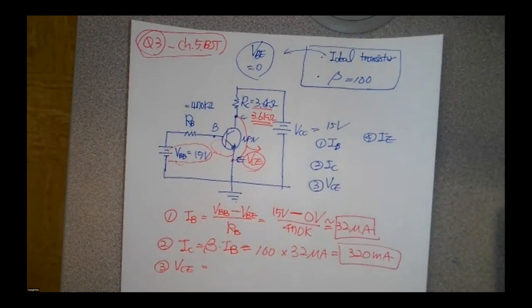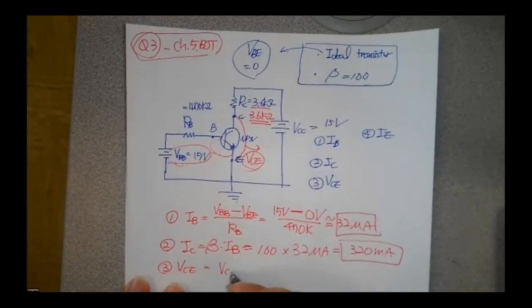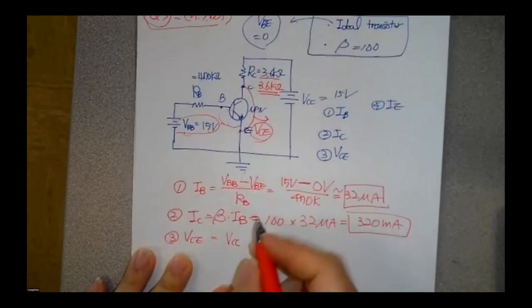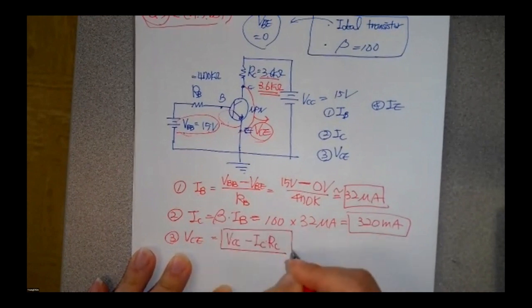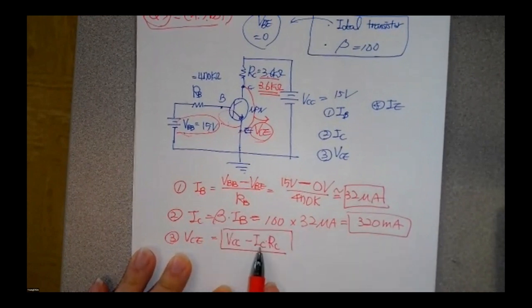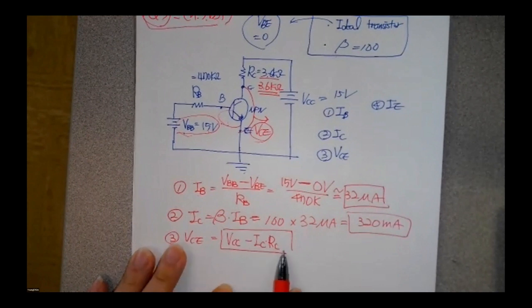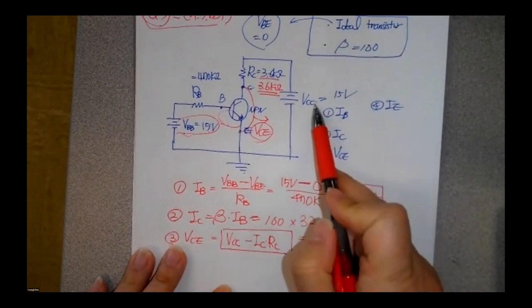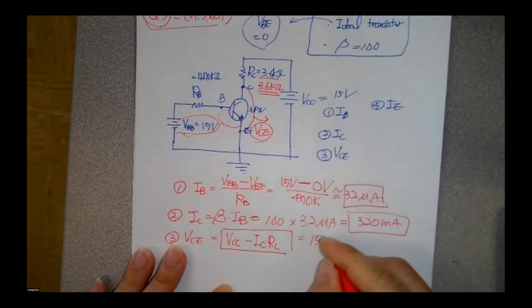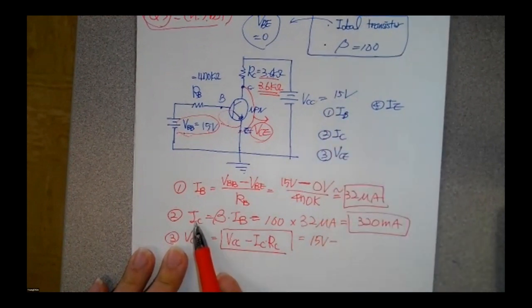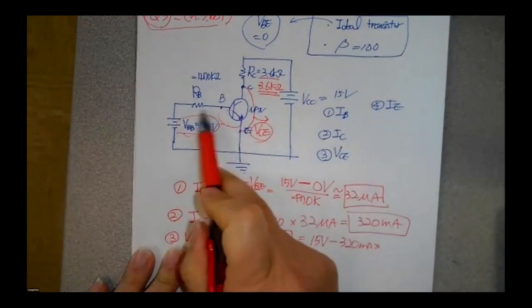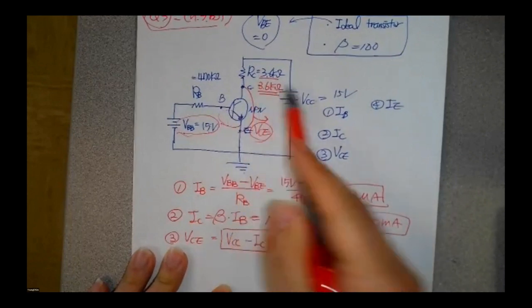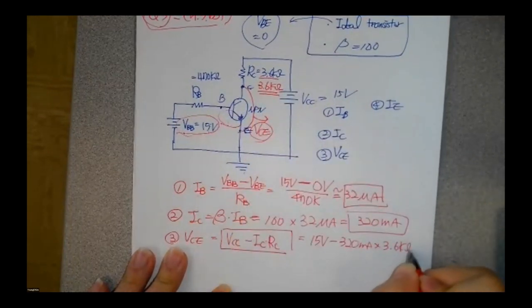So V sub CE is V sub CC minus the I sub C times R sub C. So V sub CC from the circuit, 15 volt, minus the I sub C we have already calculated before, 3.2 milliamp, multiplied by the R sub C, 3.6 k.